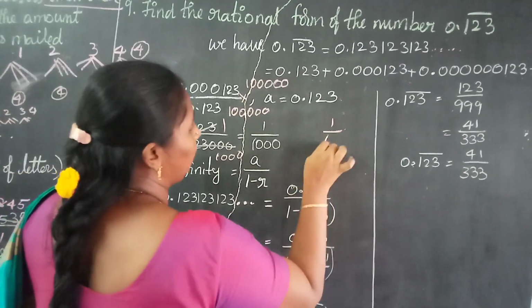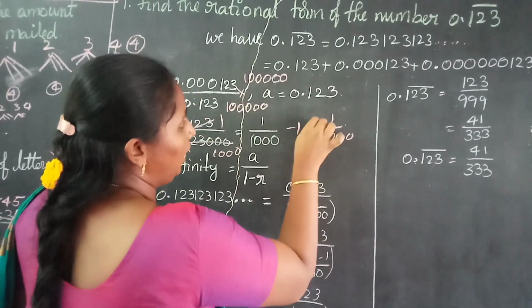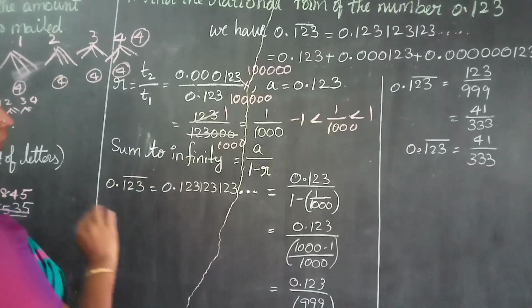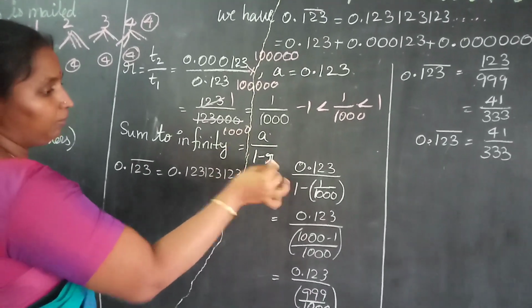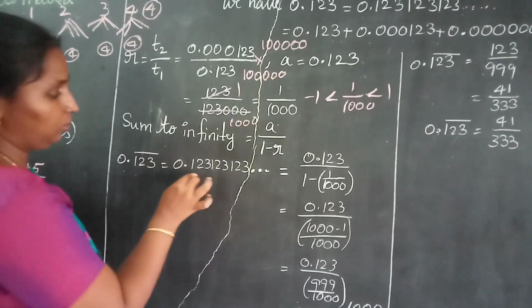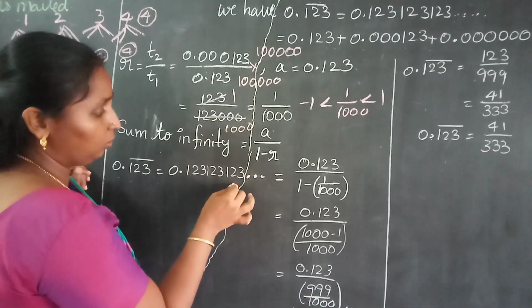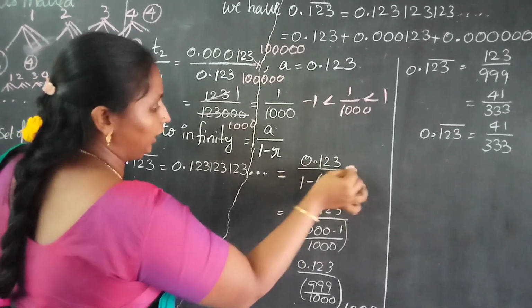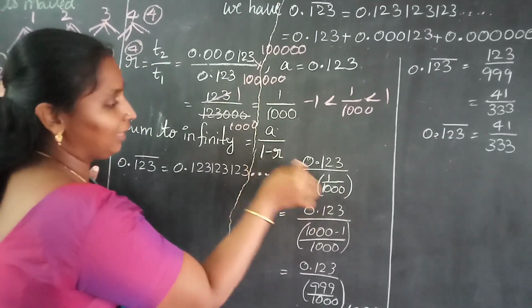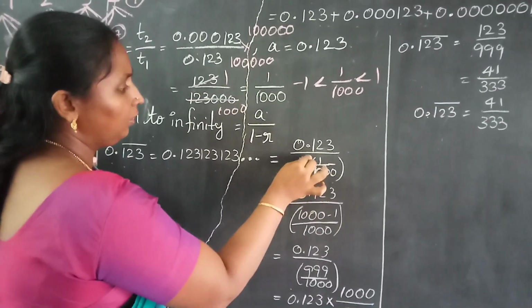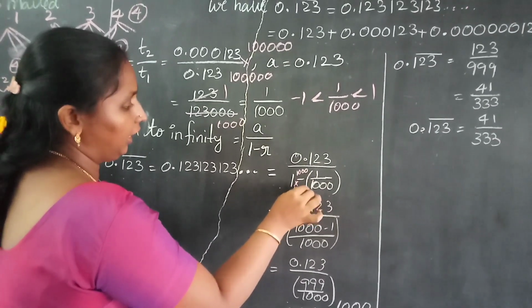Definitely this 1 by 1000 lies between minus 1 and 1. So sum to infinity. What is the formula? A by 1 minus R. Write the question: 0.123 bar equals 0.123, 123, 123 and so on, equals 0.123 divided by 1 minus R, where R is 1 by 1000. Simplify this: multiply and divide with 1000. Take LCM.